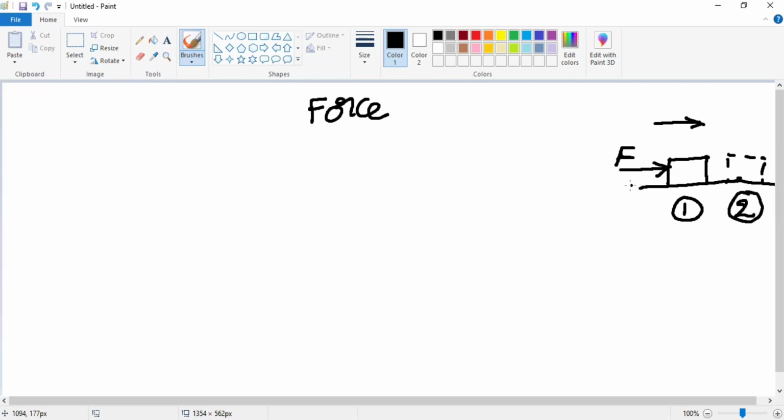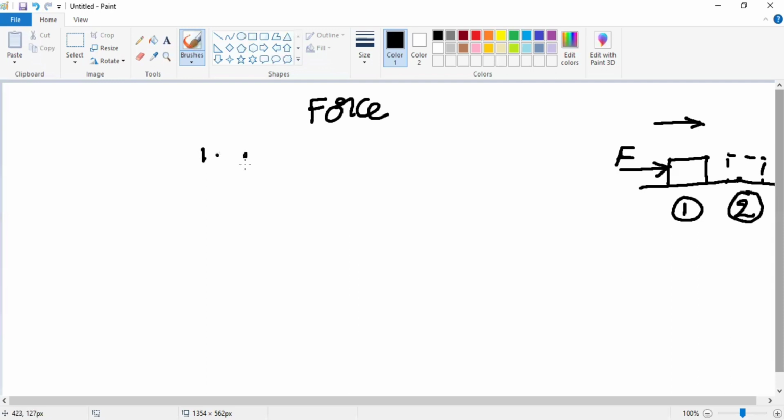So in this way, this is the property which can be used to change the position of the body.